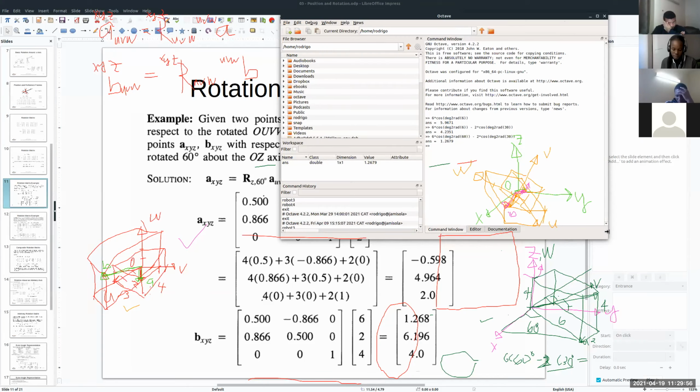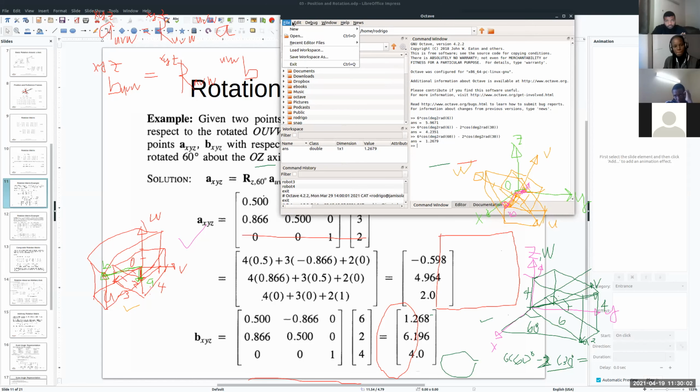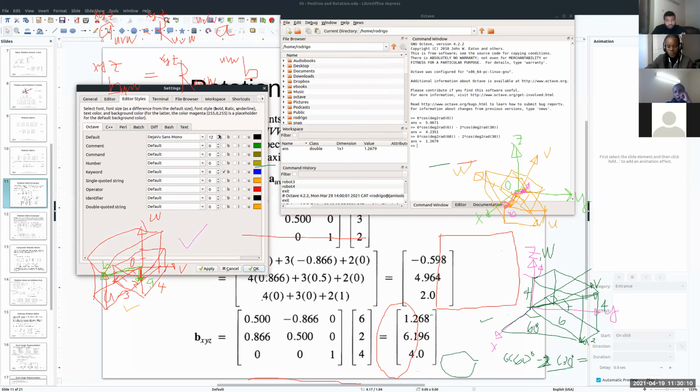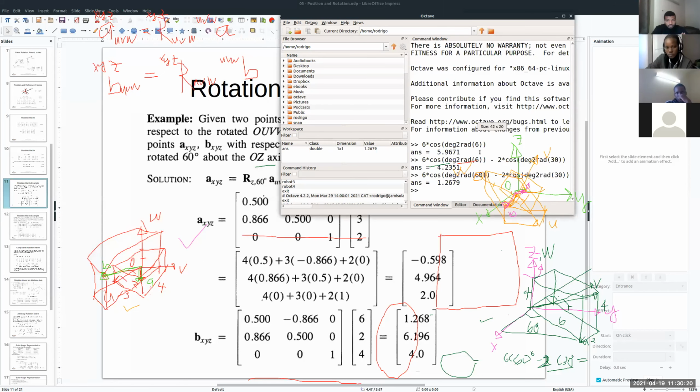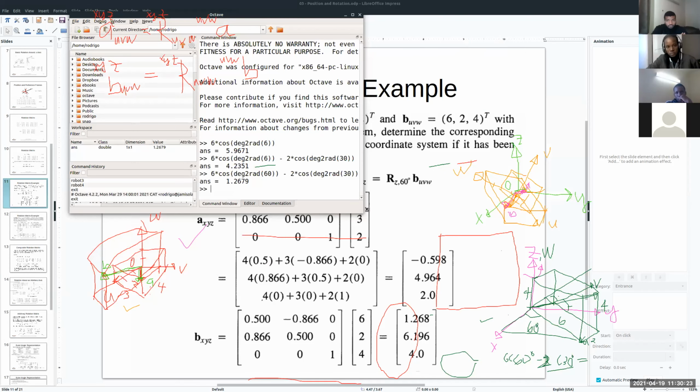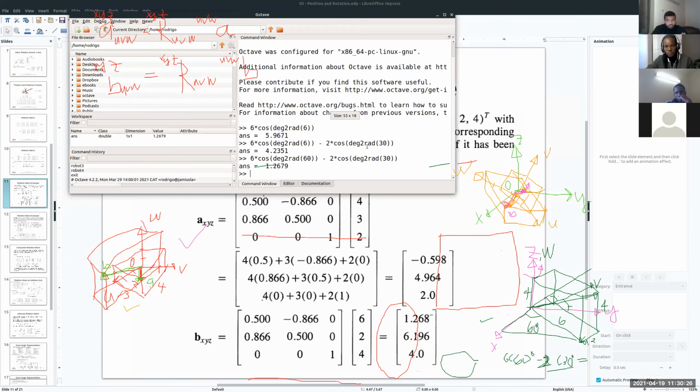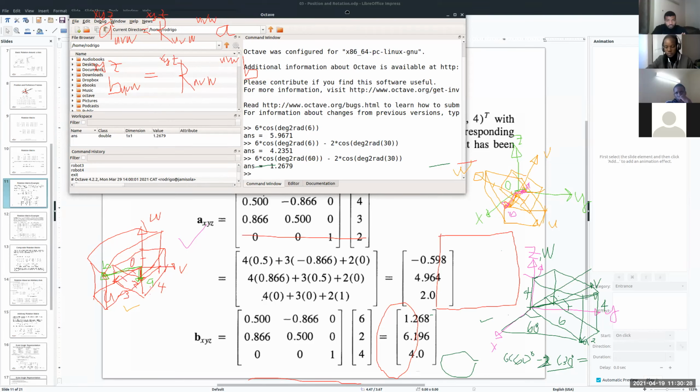So next, do you see my computation? Maybe the text is small. We'll make this terminal. Okay, there. Do you see this? Okay, let's remove some of these annotations. Erase this.